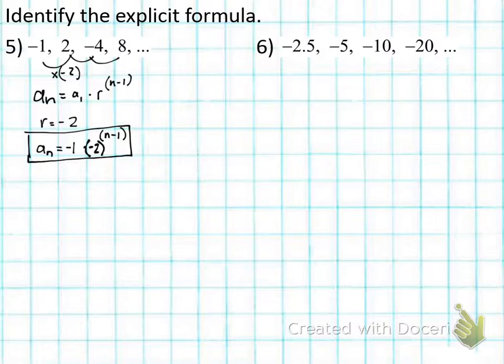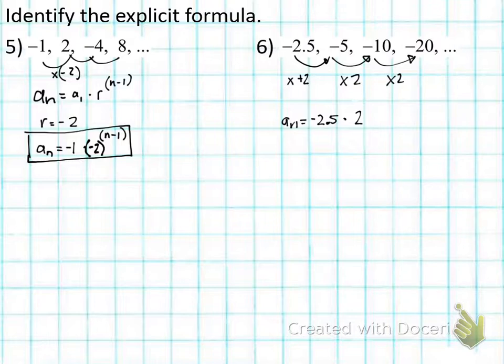Okay, number 6 now. Number 6, same thing. I want to figure out what the common ratio is, and then what my first term is. Each time it's being multiplied by 2. So a sub n, or any term in our sequence here, is going to be equal to the first term, which is -2.5, or 2 5/10, times our ratio of 2, all to the power of n minus 1.